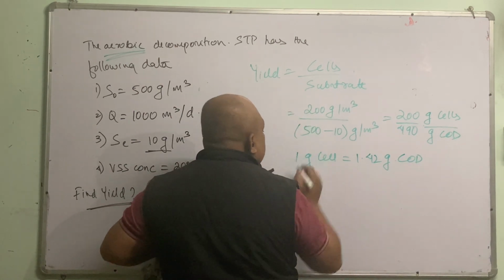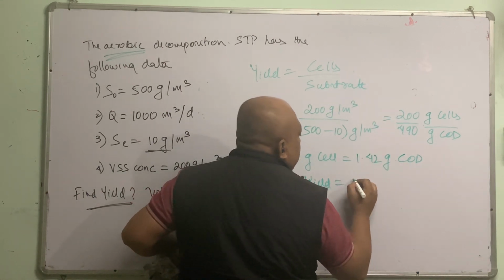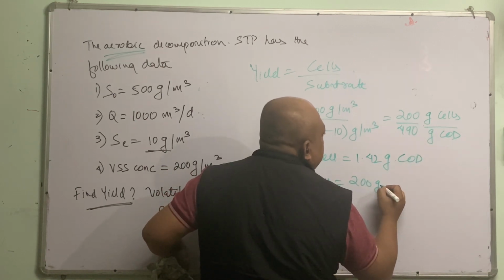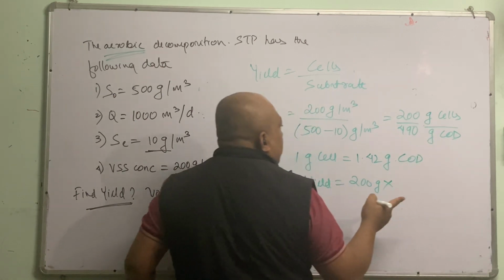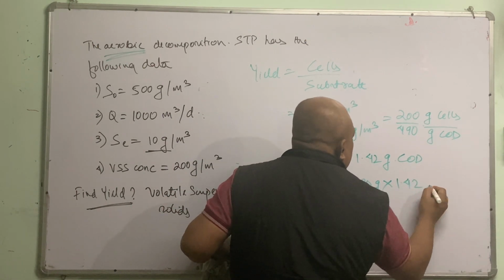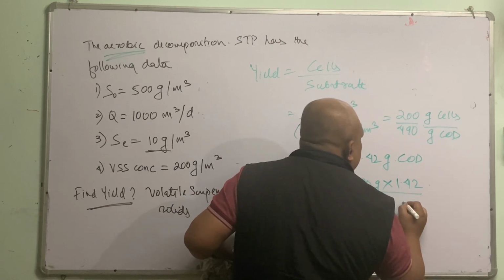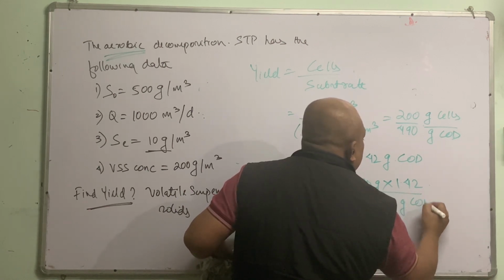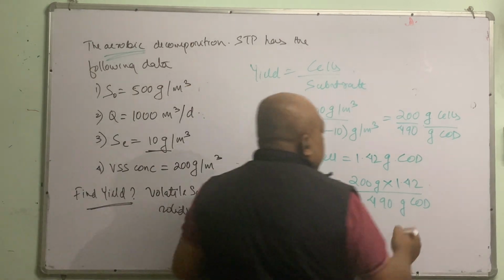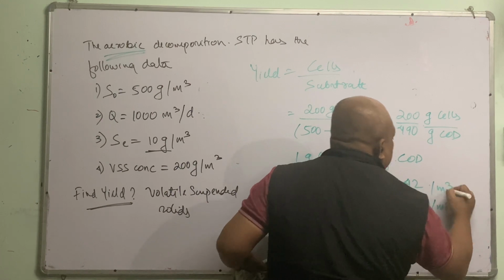Correct? Therefore, yield is equal to 200 grams of cells into 1.42 divided by 490, grams per meter cube of COD.